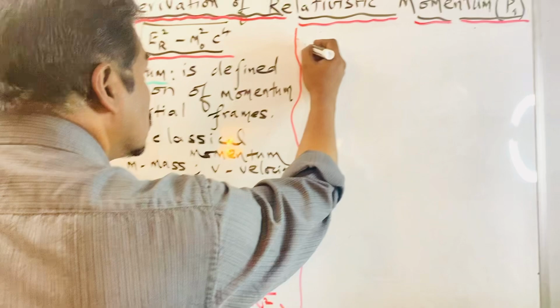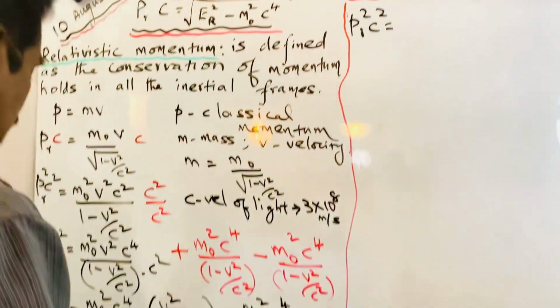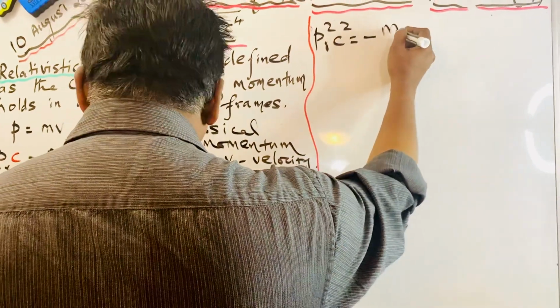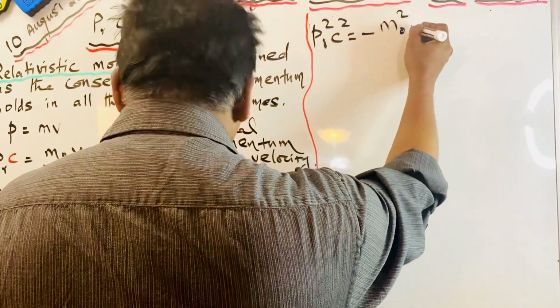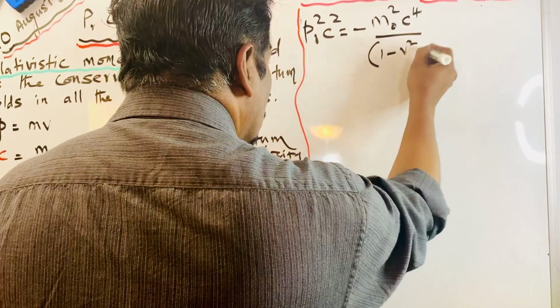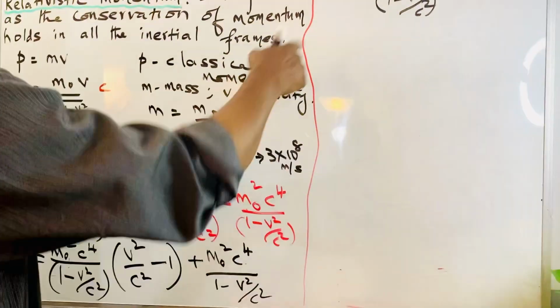So P square c square will be equal to, I take the negative outside, negative of m0 square c power 4 over 1 minus v square over c square, and in this case the negative sign is outside, so this will become plus 1.